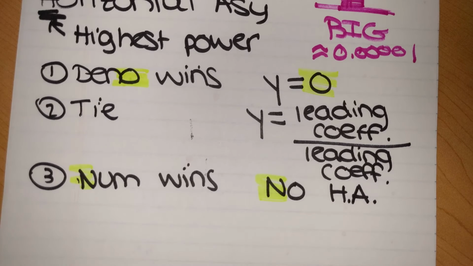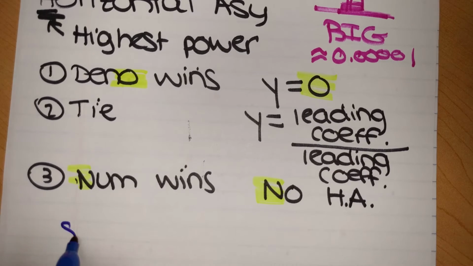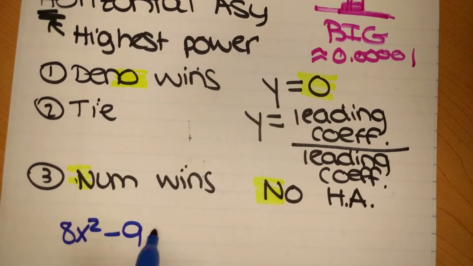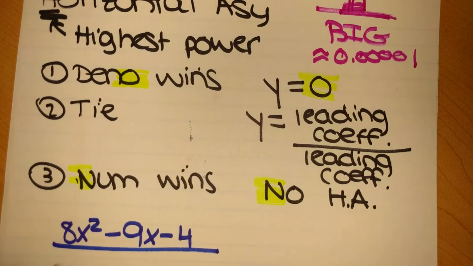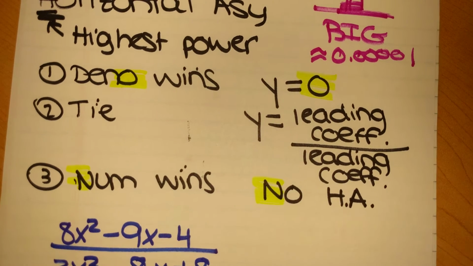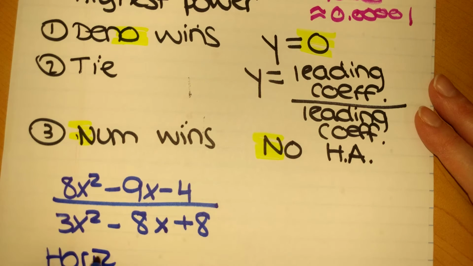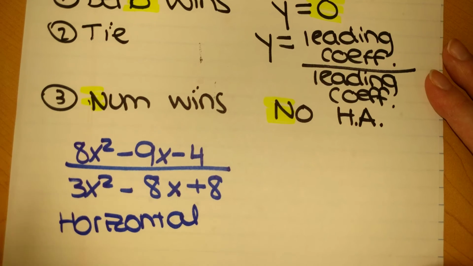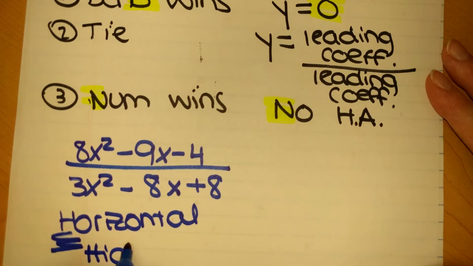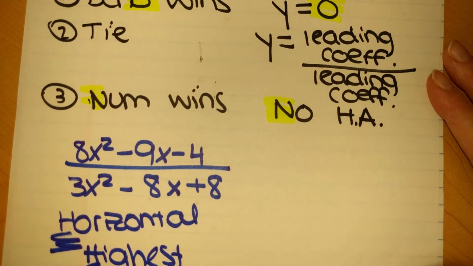So if you look at number 77 here, they have 8x squared minus 9x minus 4 over 3x squared minus 8x plus 8. Now the important thing about this is that when you see that word horizontal, you think to yourself, okay, horizontal, I'm looking for the highest powers and comparing those highest powers.